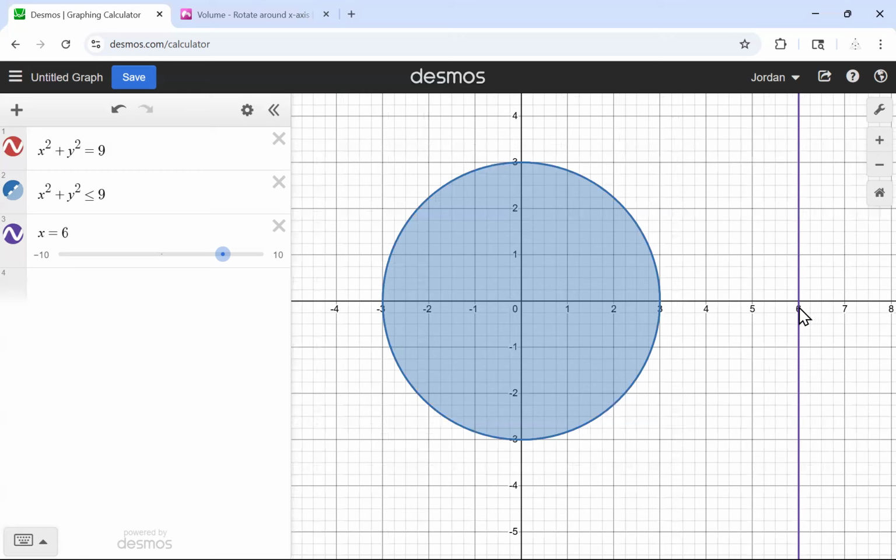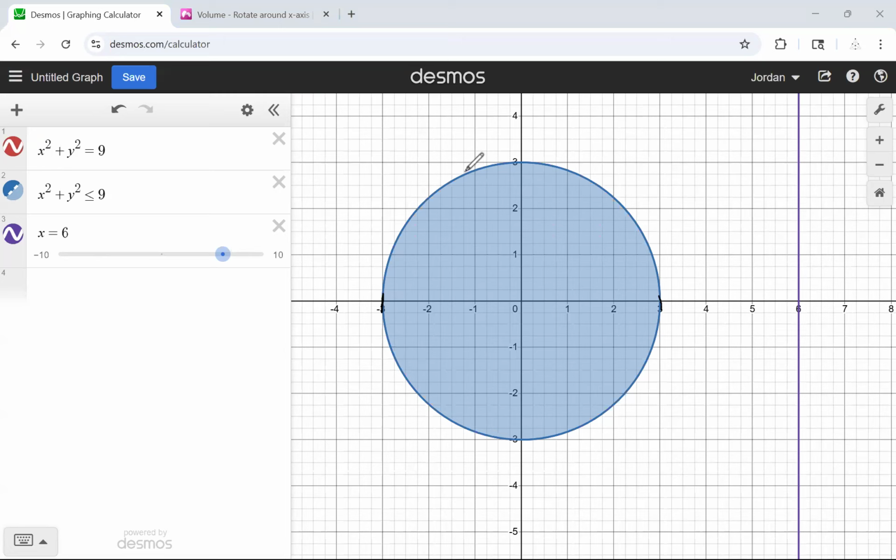You'll notice that this is a vertical line, so we are going to be integrating with respect to x if we use the shell method, which it's better to use on this one. When we look at the bounds, the x values go from -3 to +3.